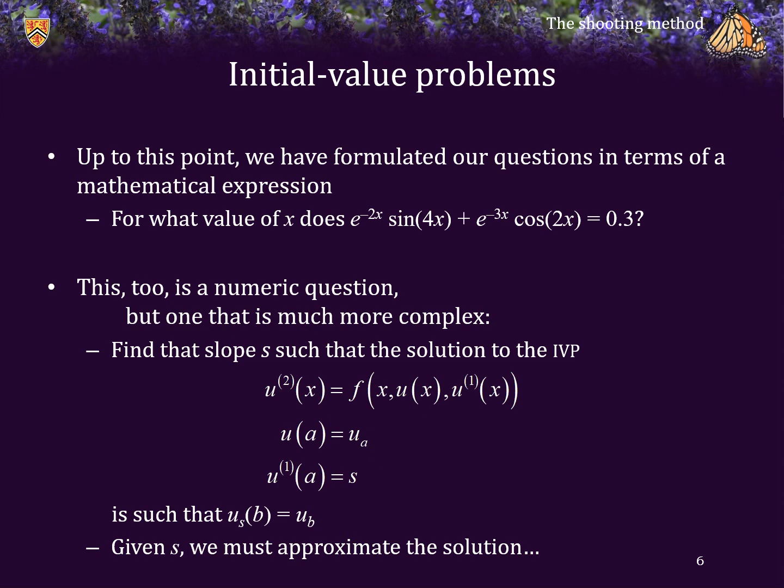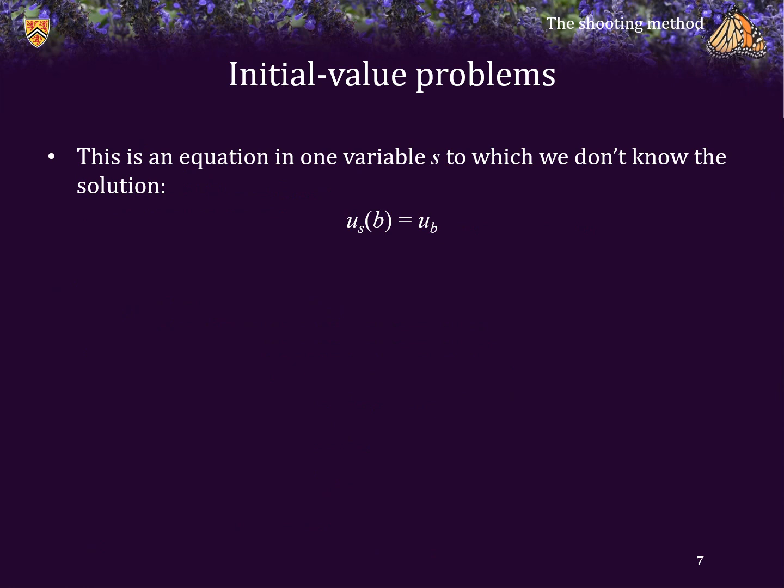Sounds like Dormand-Prince might be a good idea here. So this is just an equation in one variable s to which we don't know the solution, but we'd like to find that value s, or at least approximate it.